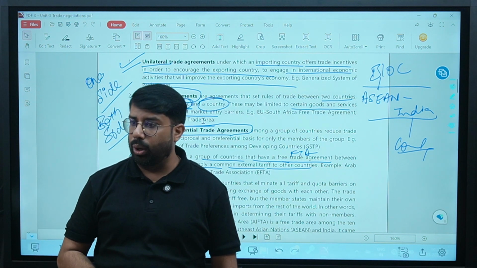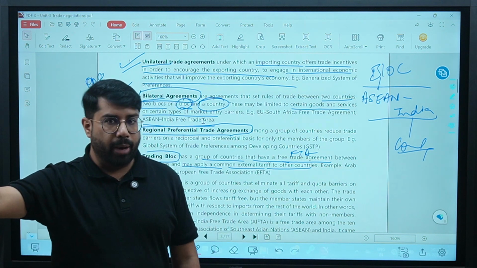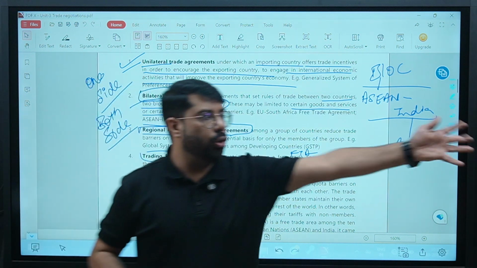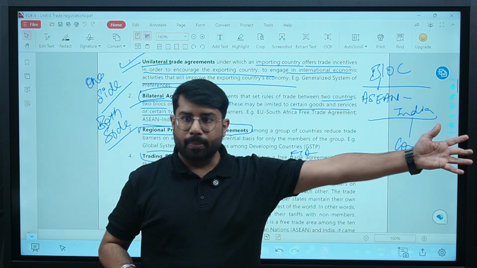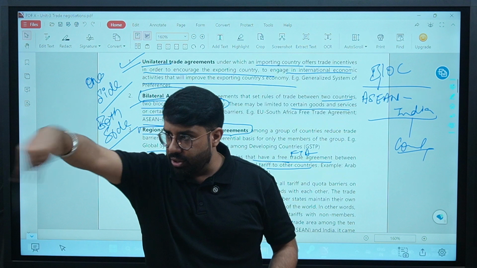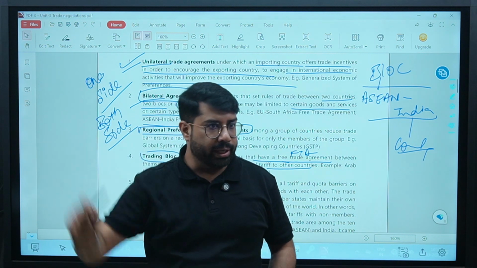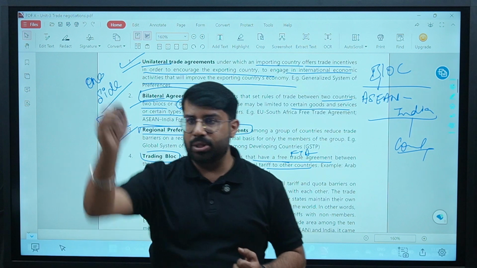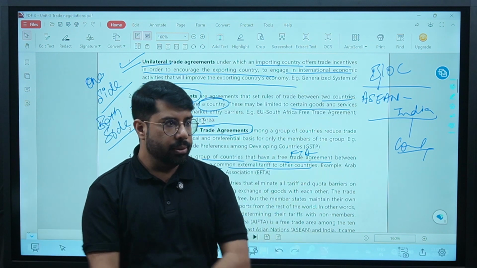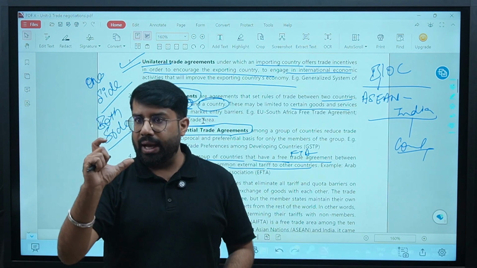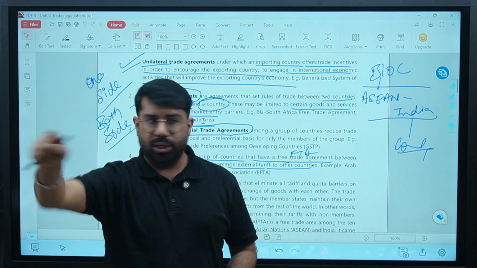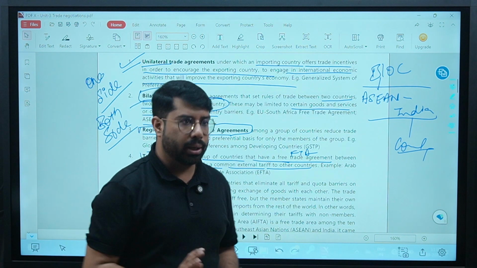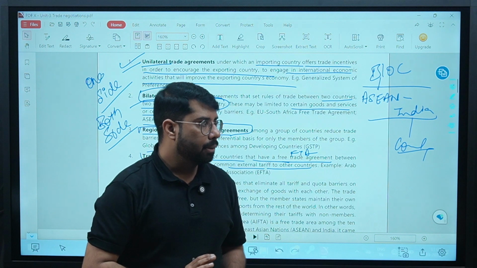If any of the members of this trading block sells commodity X to any non-member country, the tariff they charge will be the same for everybody. It means they decide a common tariff which every country will charge if they sell a particular commodity to a non-member country. Are you getting the point?